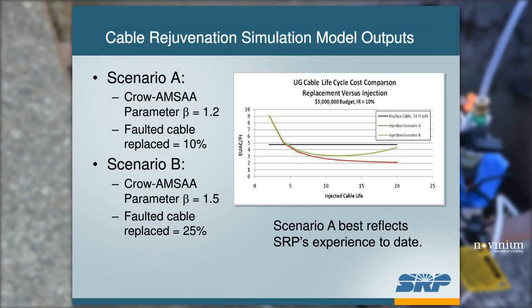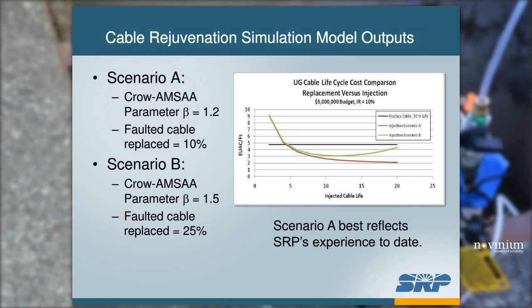But what we like to run the different scenarios for is mainly on the back end to see if we lose economic advantage. So what you see in scenario B is if we start to experience these types of fault rates and we start to replace a greater amount of cable, we could run into a point in time where we become economically unfavorable.